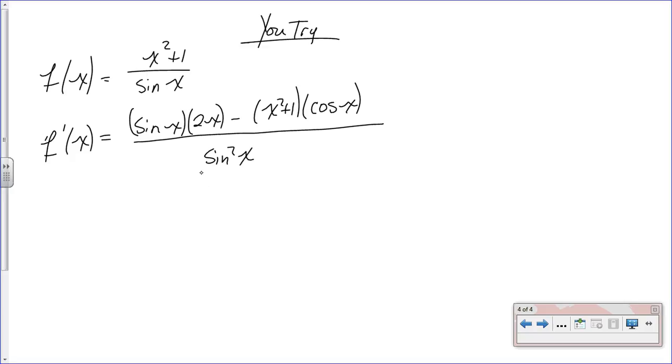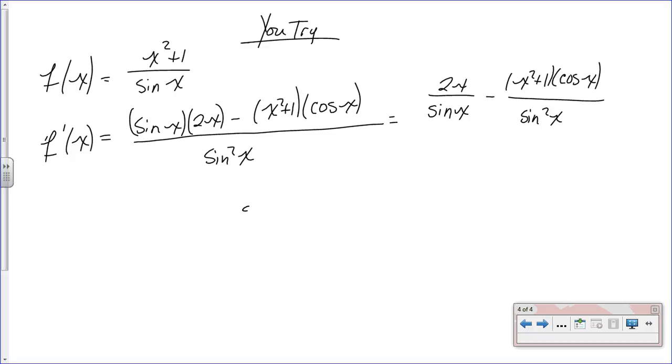All right, now you can either leave it like that, or there are many different forms you can write it in. You can also say 2x over sine x minus x squared plus 1 times cosine x over sine squared x.